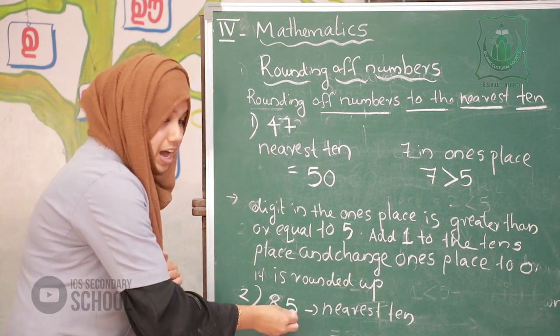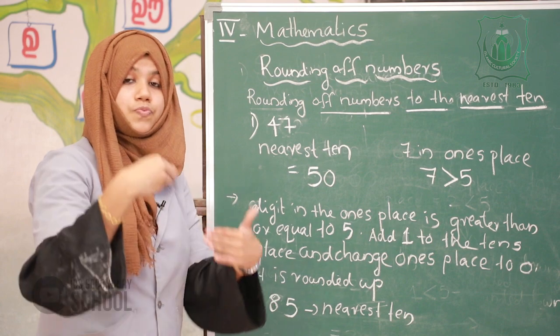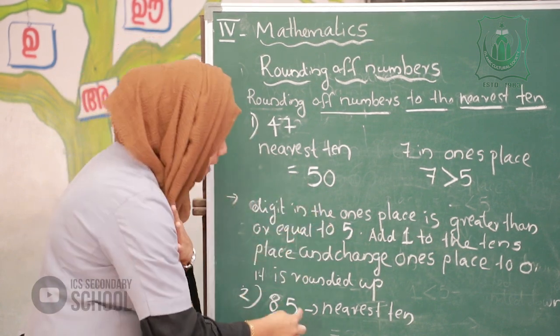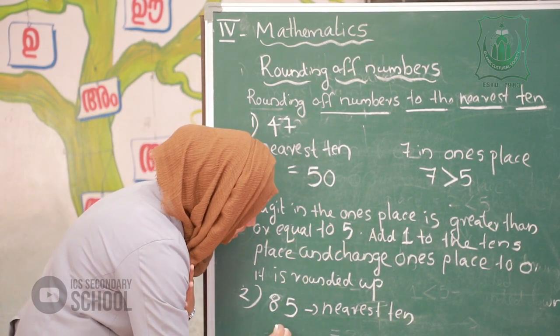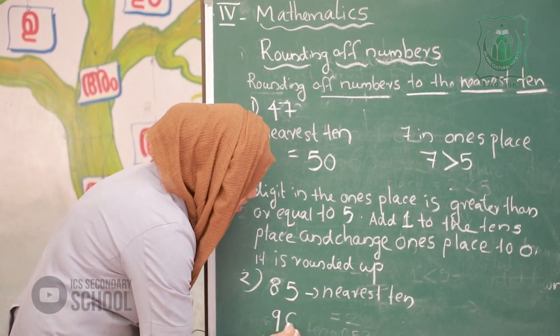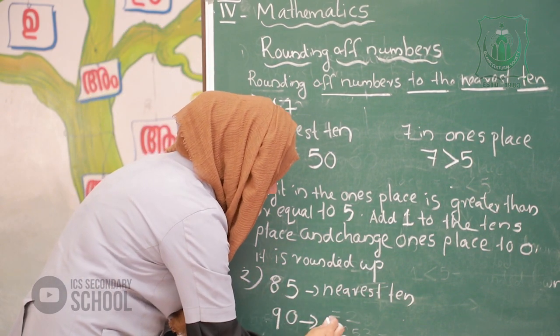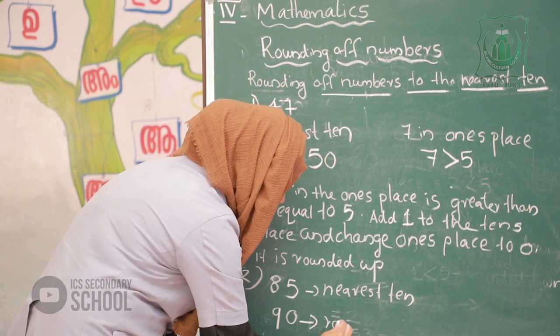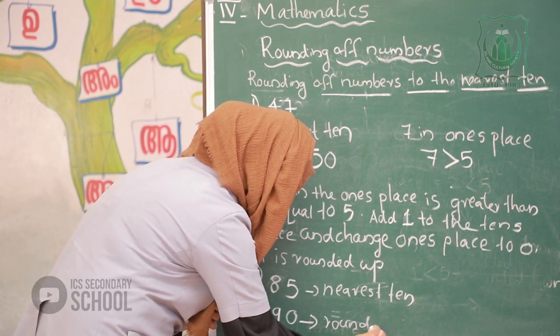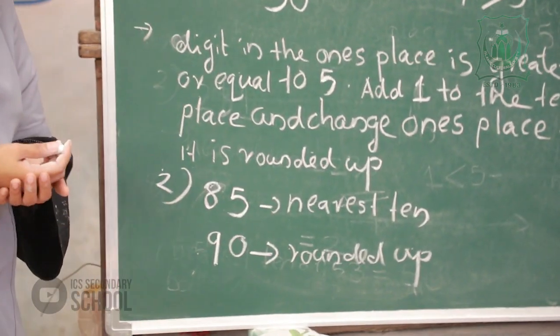So 5 is in the ones place. If the number in the ones place is 5 or greater than 5, what happens? Add 1 to the tens number, that means 9, and make the ones place 0. Is it rounded up or down? Rounded up.